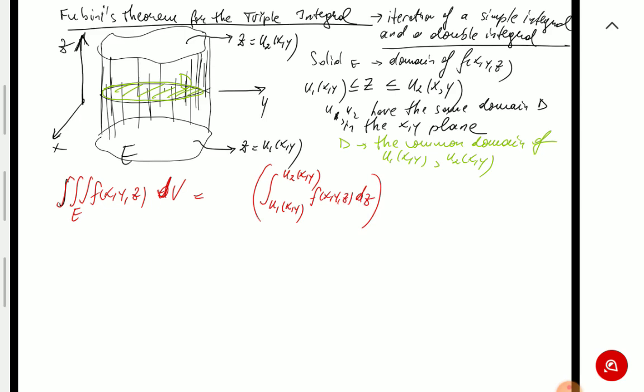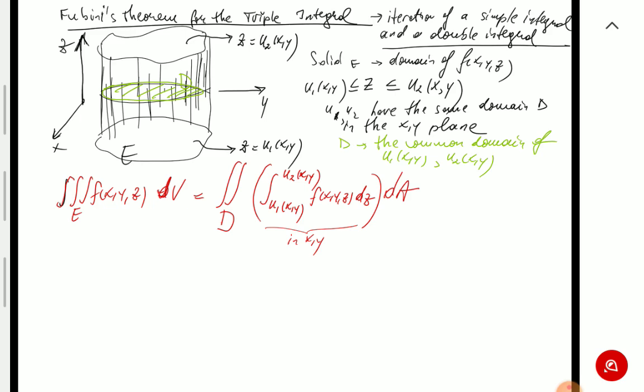Because once I do the integral with respect to z and plug in these bounds, this stuff here is going to be in x and y. And then the outermost integral is going to be a double integral over the common domain of u1 and u2.